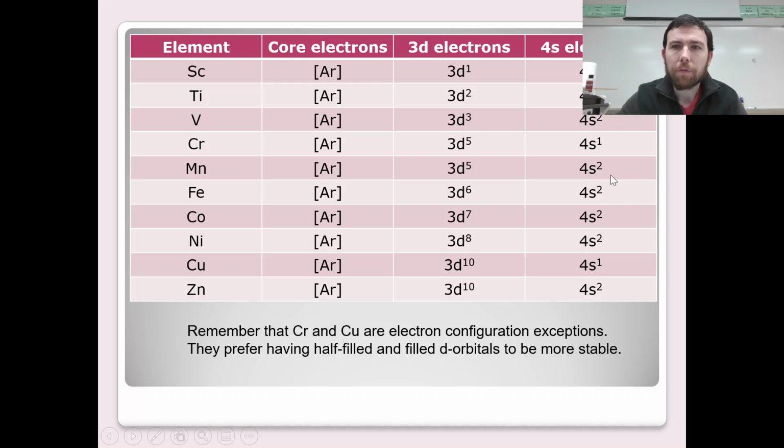Remember, chromium is 4s1 3d5, and copper is 4s1 3d10, because it's energetically favorable to have those half-filled and completely filled d orbitals, as opposed to having a completely filled s orbital, right? And again, the thing that we're noticing is that we're just increasing the number of d electrons as we move across.